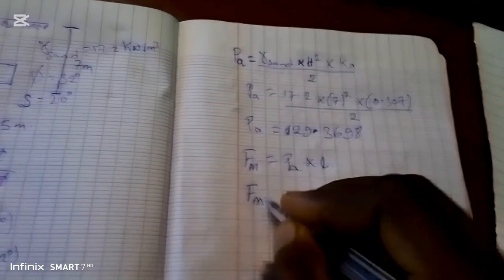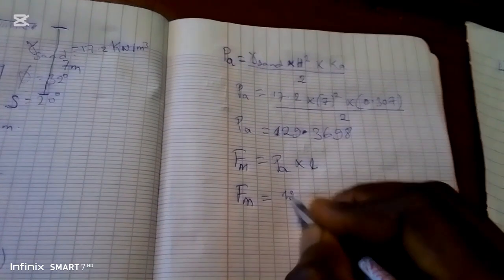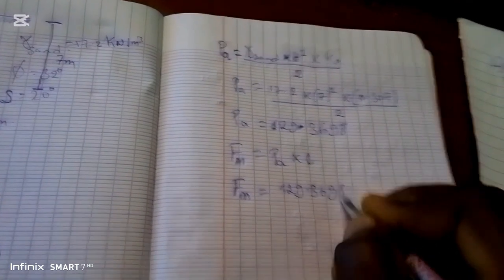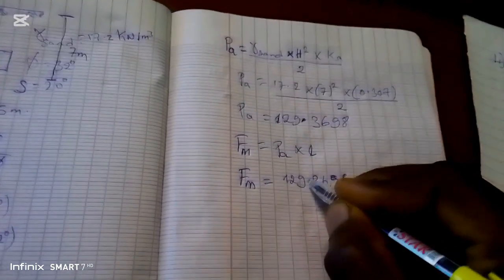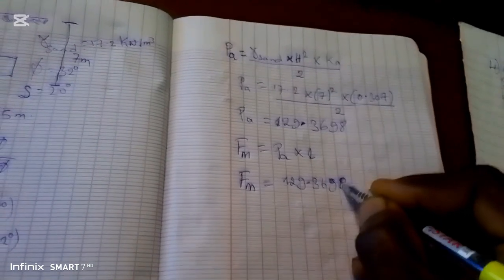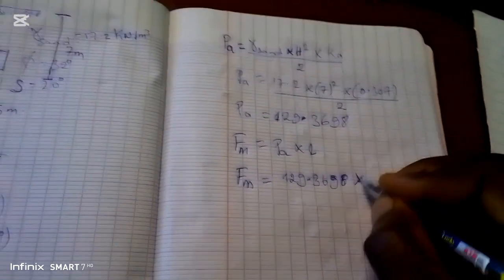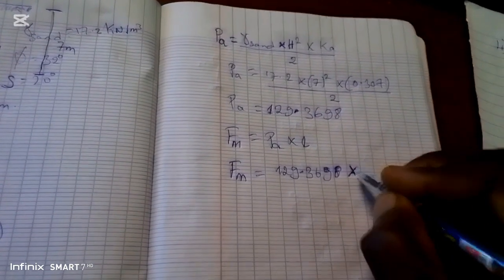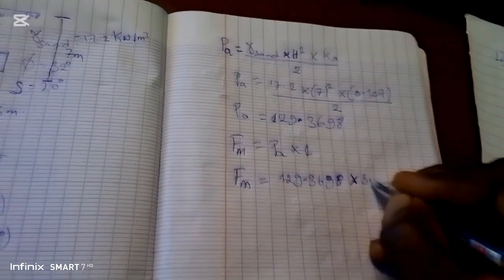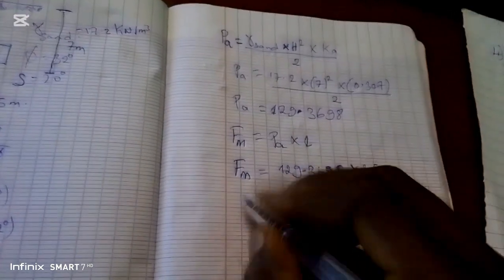So it is 129.3698. I am taking these values to be precise with my calculations. You can either round down or round up depending on you, times the length. They gave us a length of 3.5 meters.